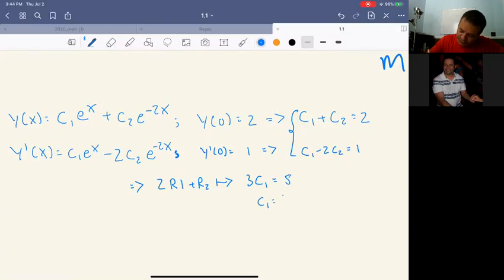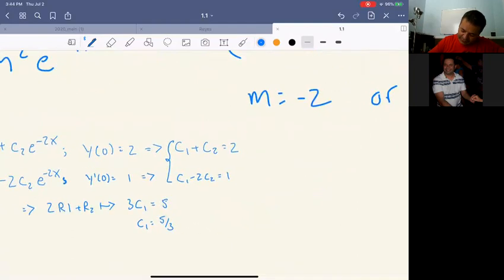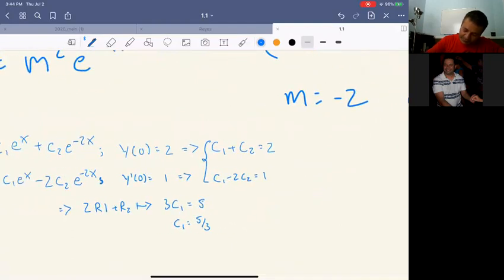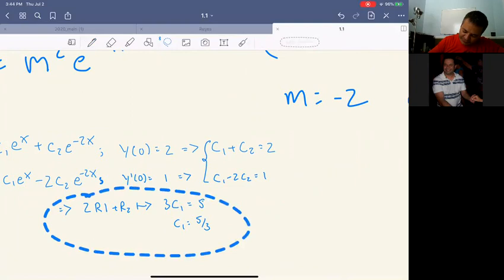So c1 is 5 over 3. That's one elimination.